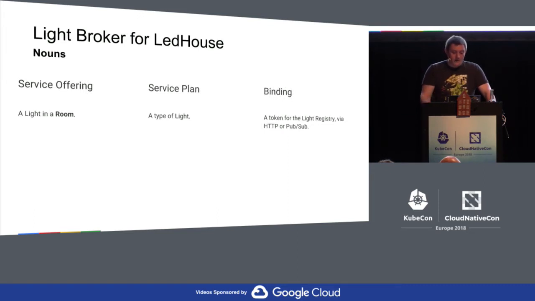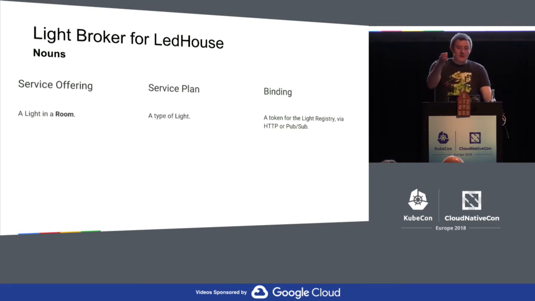So for my lighthouse, I decided that a service offering meant the room that the light exists in. And so in my mind, a light was a service, like a thing that runs somewhere. But the plan is the type.